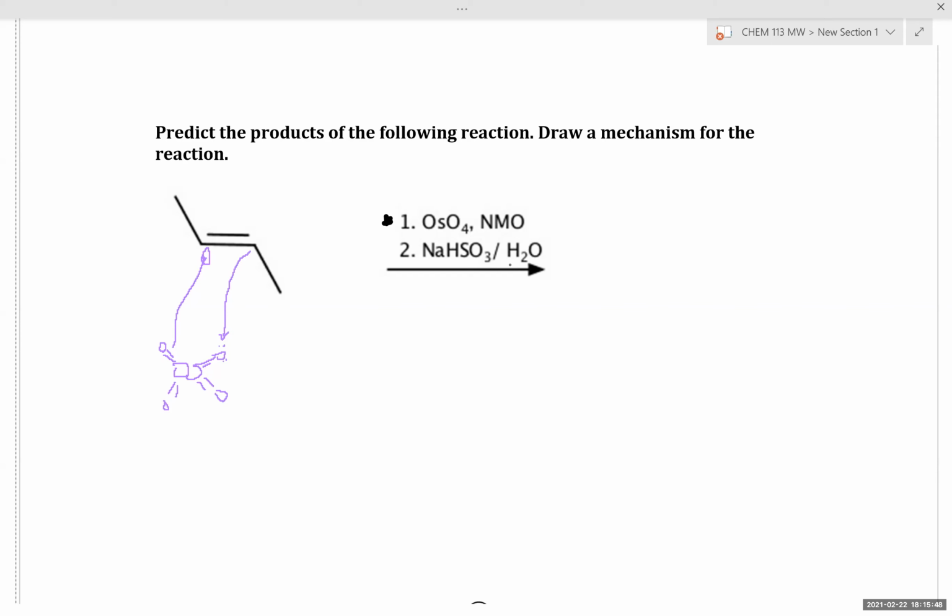Yep. So we have attack of our osmate ester. The osmium tetroxide is installed and attacks in such a way that both of our alcohols are installed on the same face. And would you be able to draw that product from this first step? So what would that intermediate osmate ester look like?